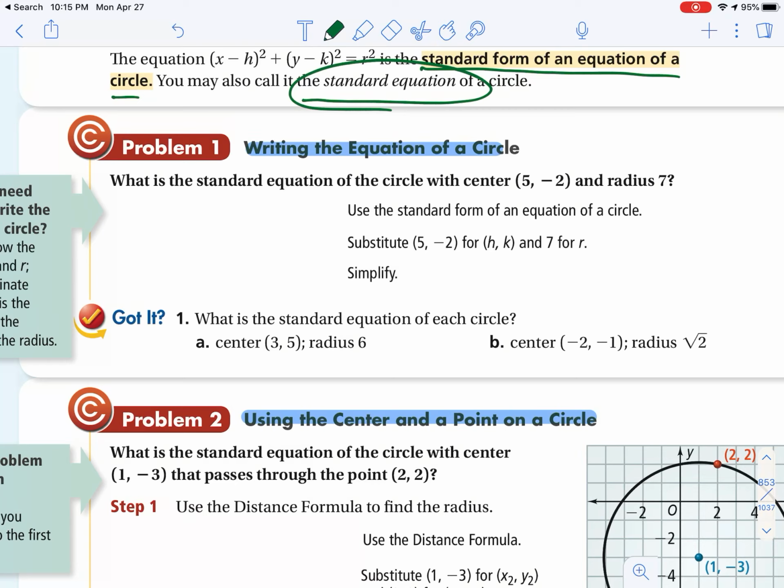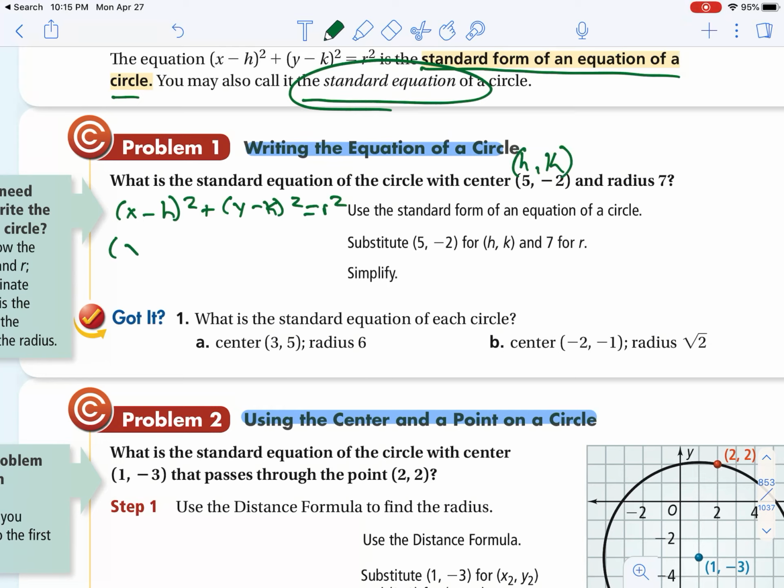First of all, let's write that equation. That should always be our first step. (x minus h) squared plus (y minus k) squared equals our radius squared. Then we take our center, (h, k). There it is.